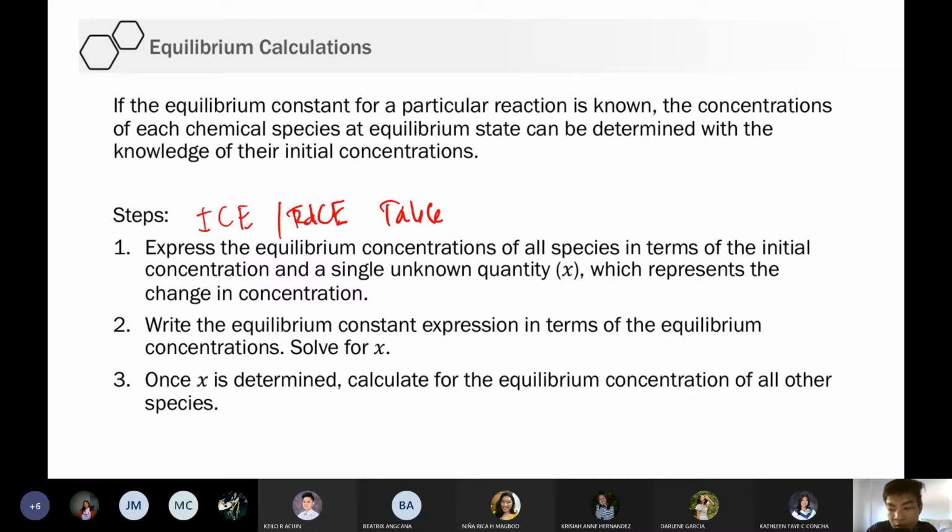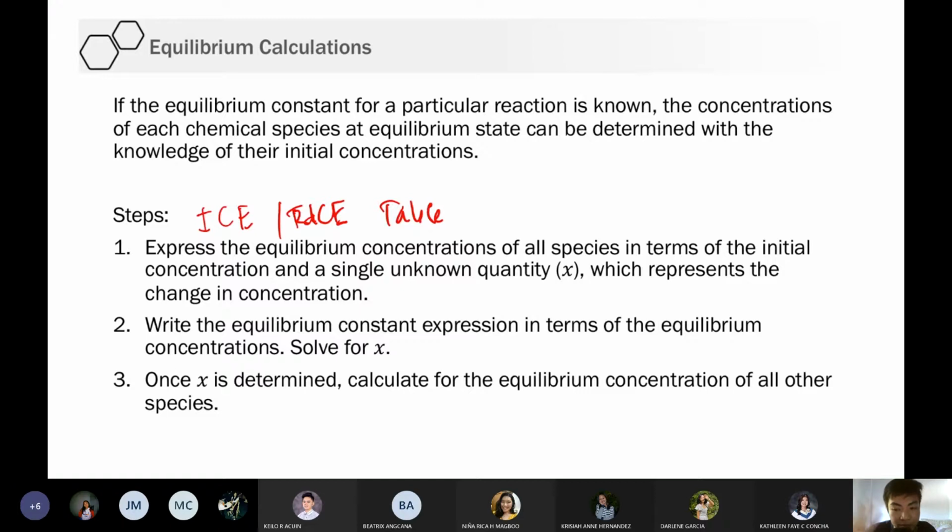Recall that we can actually predict the direction of the reaction. So the changes could either be positive or negative. Suppose the reaction is going to the products, then the change for the reactant is negative because the amounts of reactants will decrease as some of it will be converted to product.